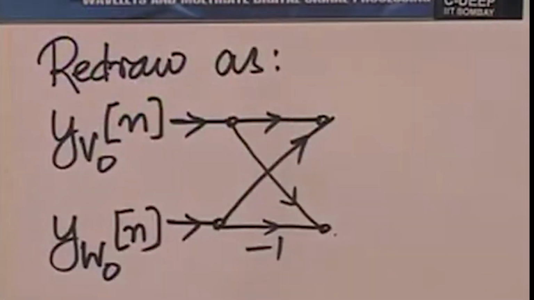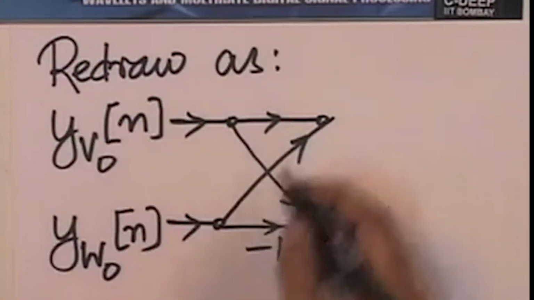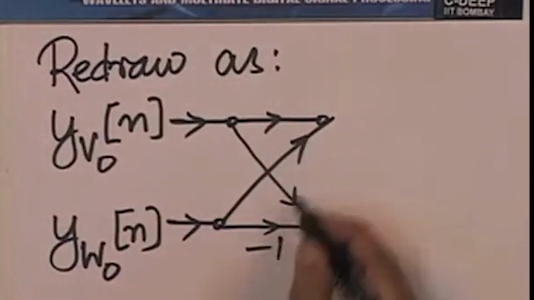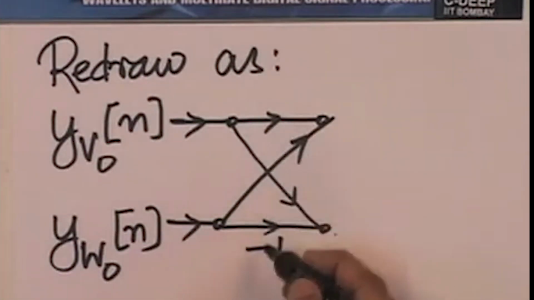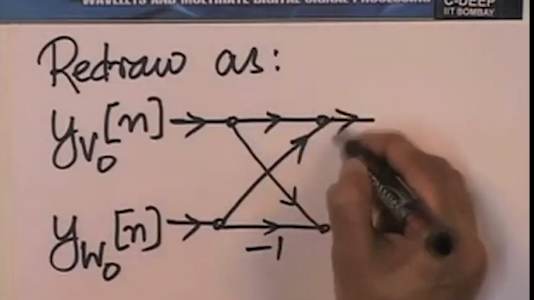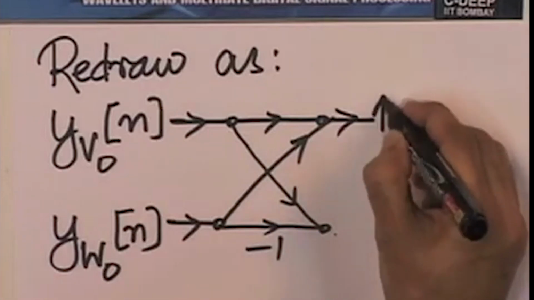But coming back to this signal flow graph that we have drawn here, I have essentially these two nodes where two edges come in appropriately with multipliers. These are all multipliers of 1 and this one of minus 1. And now I put an upsampler of 2 here for convenience.